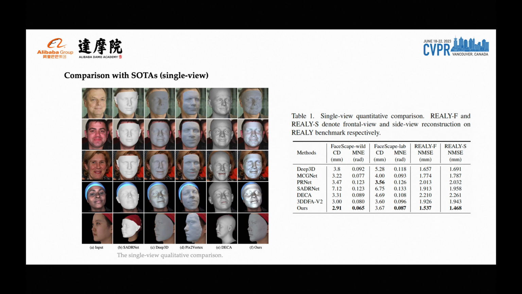We evaluate our model with several SOTA methods on the FaceScape and Realy benchmarks for the single-view 3D face reconstruction task. Our proposed method can produce high-fidelity 3D faces with expressive details, which are extremely consistent with the original input images. The quantitative comparison also reveals that our approach outperforms other methods in terms of accuracy.